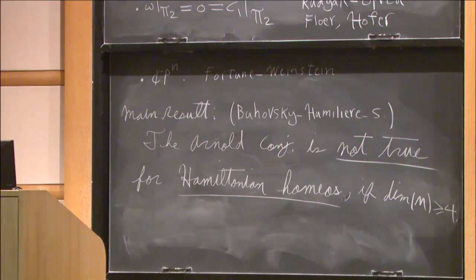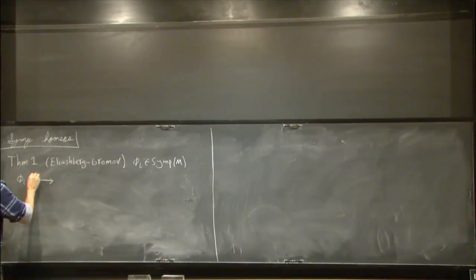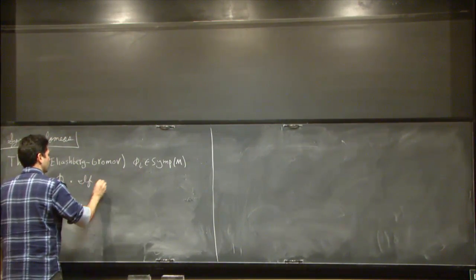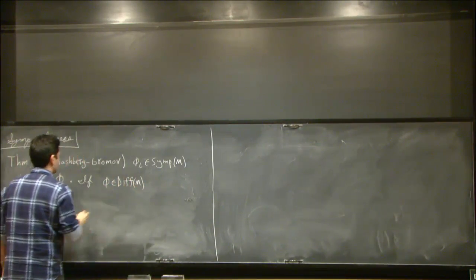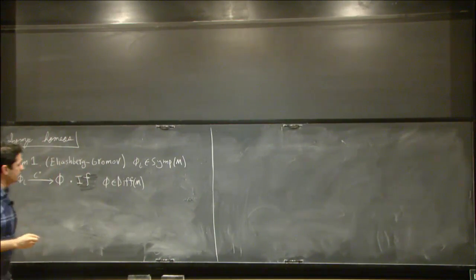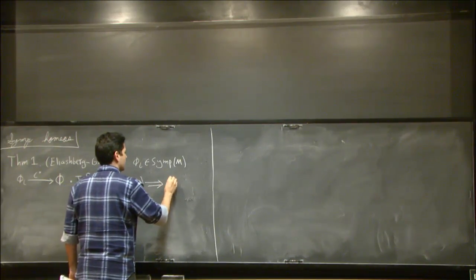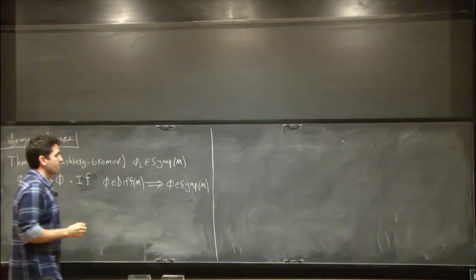Suppose you have a sequence of symplectic diffeomorphisms, and let's assume that these maps converge uniformly to something that I call phi. So phi might be a homeomorphism, but let's suppose it's a diffeomorphism. If phi is a diffeomorphism, then what they proved is that phi is automatically a symplectomorphism.